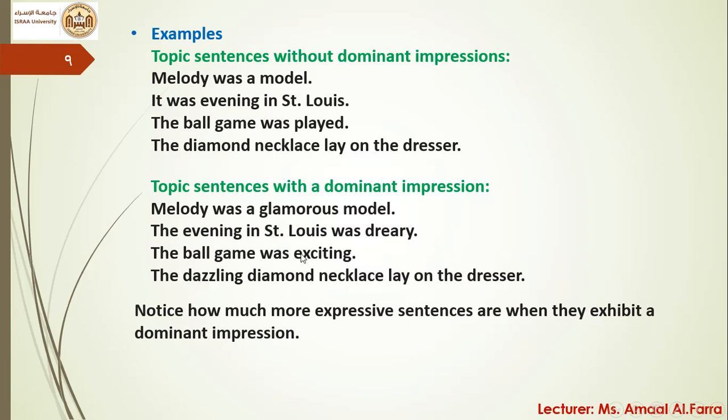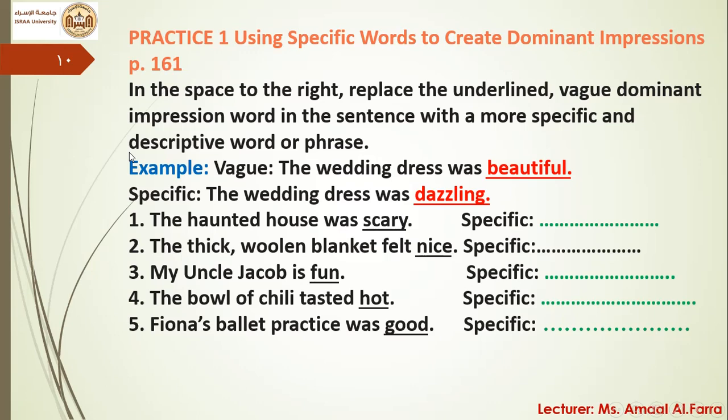See here: dazzling, exciting, dreary, glamorous. All these words add a dominant impression which should be continued also in the support sentences. And of course, you can see that these topic sentences with the dominant impression are more expressive than the previous ones.